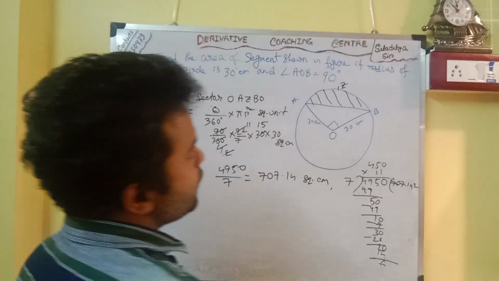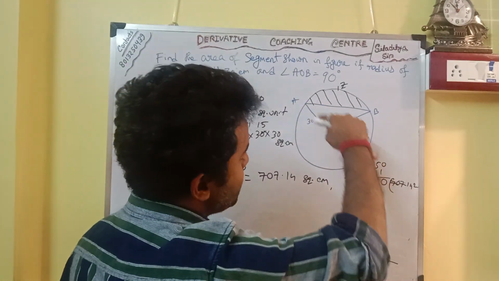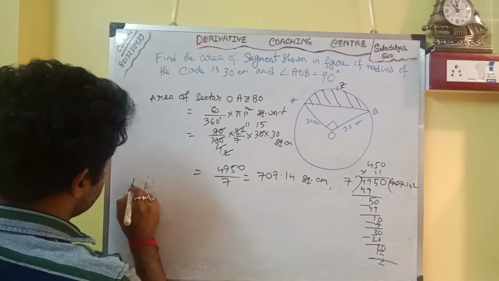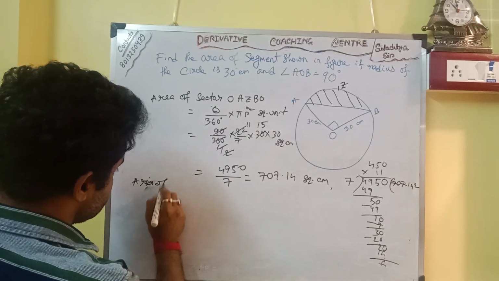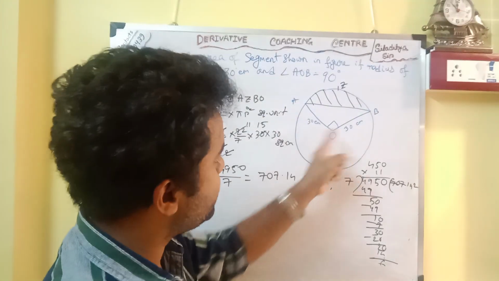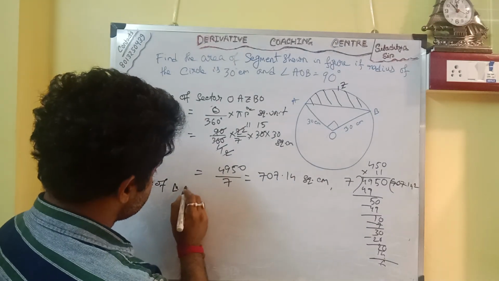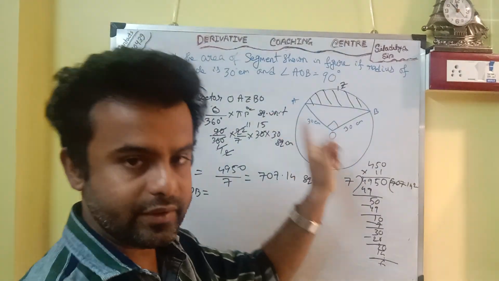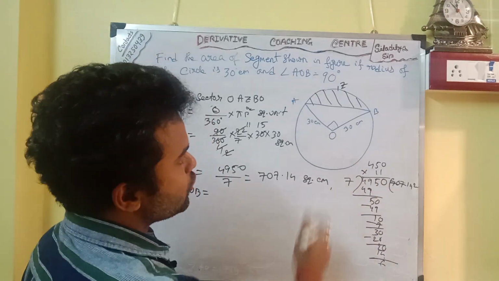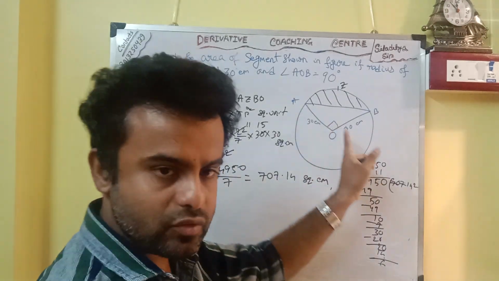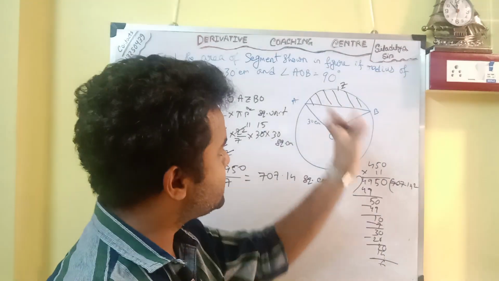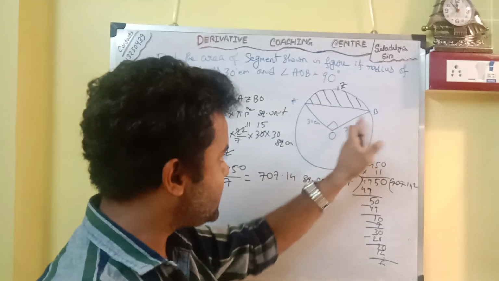Now you have to find the area of this triangle AOB. This angle is 90 degrees, already given, so this is a right angle triangle. The formula for the area of a right angle triangle is half into base into height.